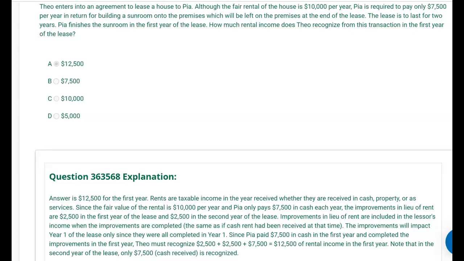So the entire improvement of $5,000 will impact year one of the lease only, since all the improvements were completed in year one. Now, since Pia paid $7,500 in cash in the first year and completed the improvements in the first year, Theo must recognize $2,500 plus $2,500 plus $7,500, or $12,500 of rental income in the first year. Note that in the second year of the lease, only $7,500 is recognized as rental income.